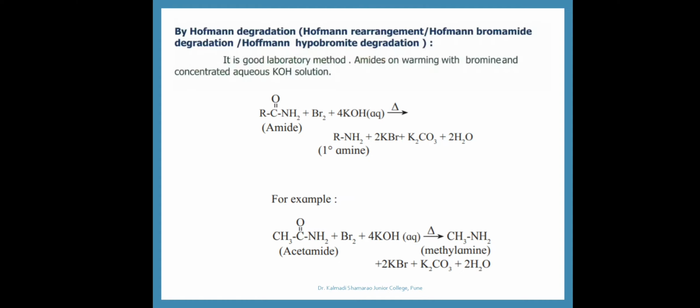For example, CH3C double bond O NH2 plus Br2 plus 4KOH aqueous gives CH3NH2, which is methyl amine. General reaction: RC double bond O NH2 plus Br2 plus 4KOH gives RNH2 plus 2KBr plus K2CO3 plus H2O.